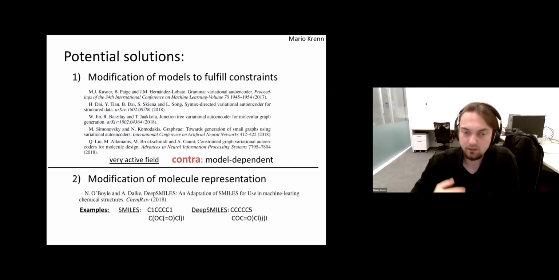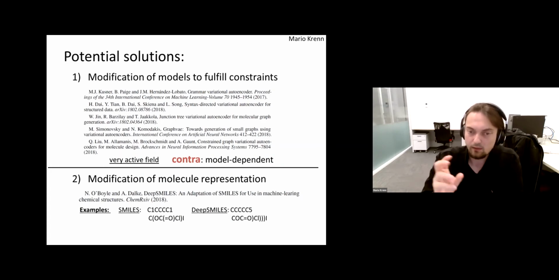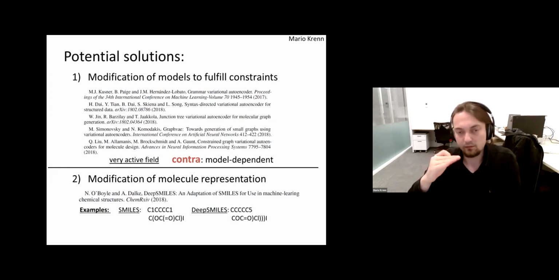This was done for the first time roughly 2 or 3 years ago, where the authors defined a new way to represent molecules. They call it DeepSMILES, and they identified a number of problems of SMILES and fixed them in their representation.